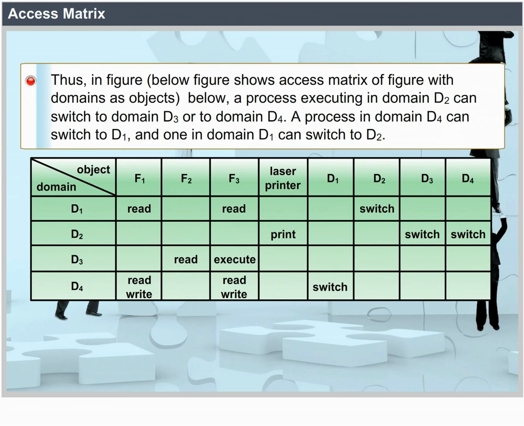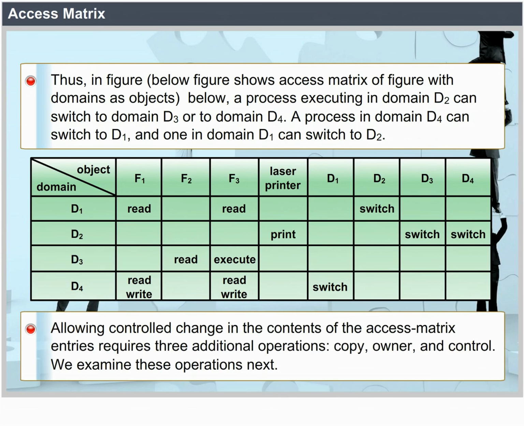A process executing in domain D2 can switch to domain D3 or to domain D4. A process in domain D4 can switch to D1, and one in domain D1 can switch to D2. Allowing controlled change in the contents of the access matrix entries requires three additional operations: copy, owner, and control. We examine these operations next.